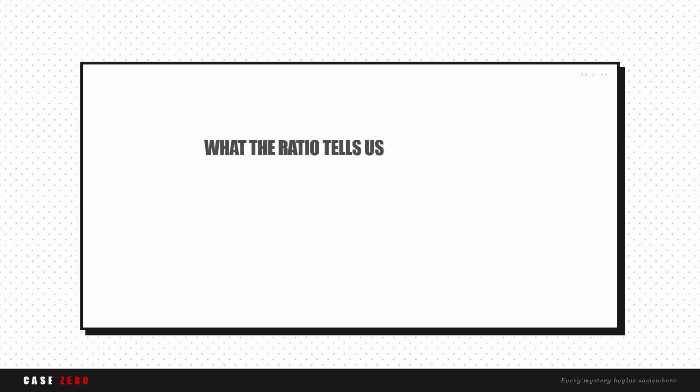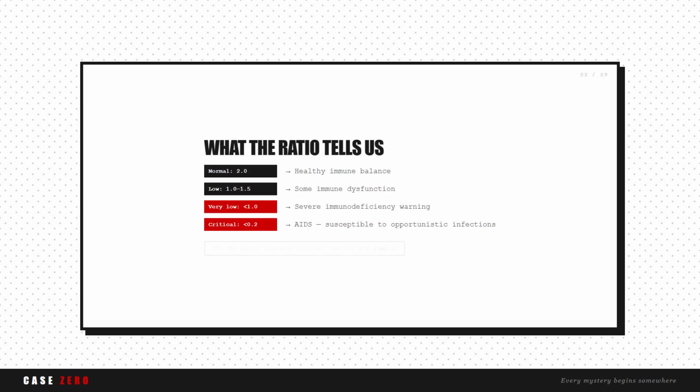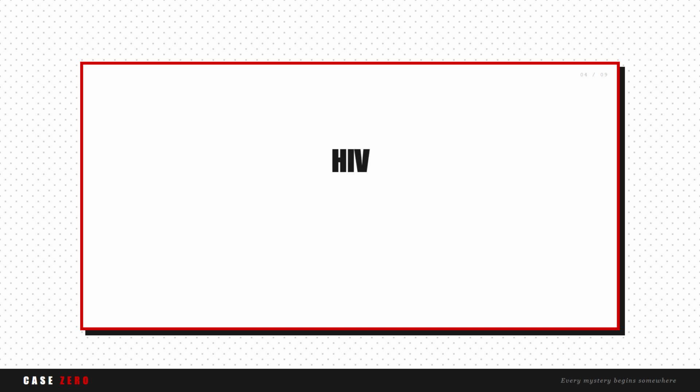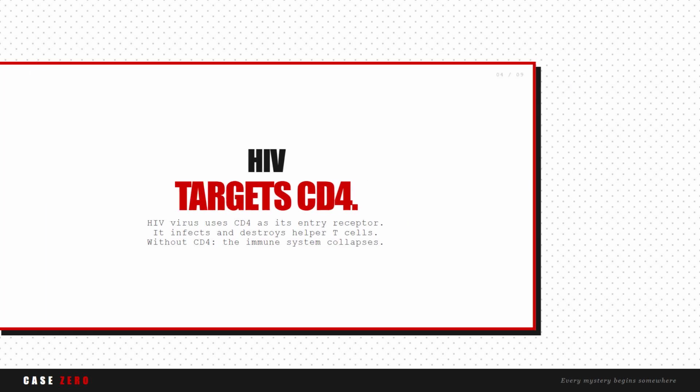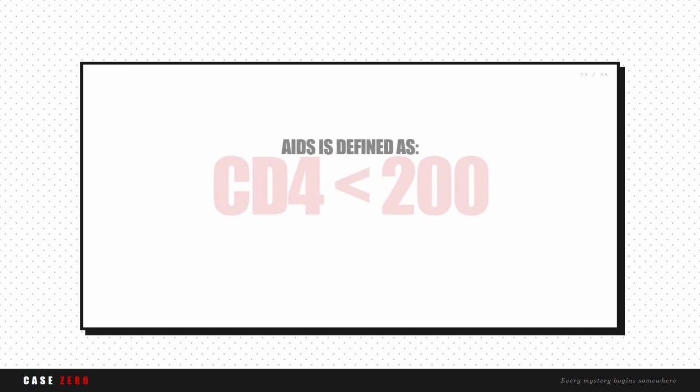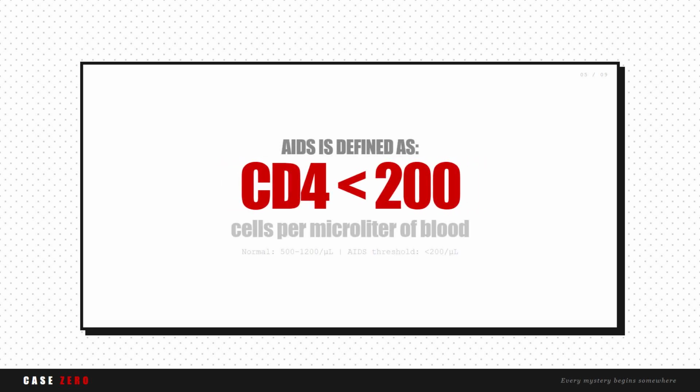In HIV infection, the virus selectively targets and depletes CD4 T cells. As counts fall below 200 cells per microliter, the clinical threshold for AIDS, adaptive immune coordination collapses. Infections that a competent immune system eliminates routinely become fatal.